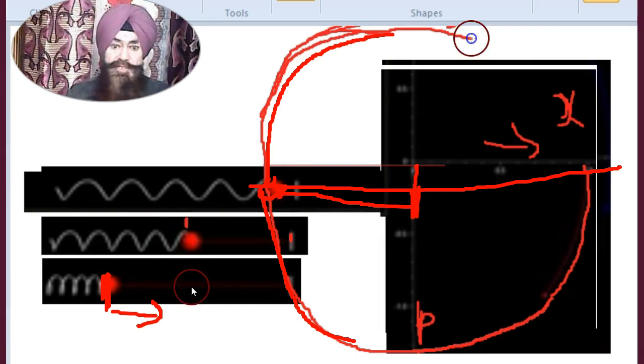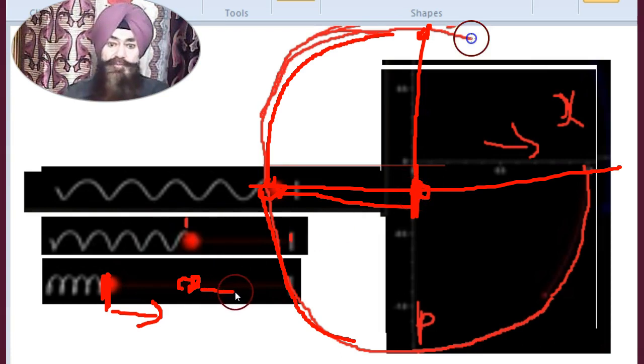So when the ball reaches here, again at the mean position, momentum becomes maximum and the distance becomes 0. Again it moves to this extreme position, then it follows this path.